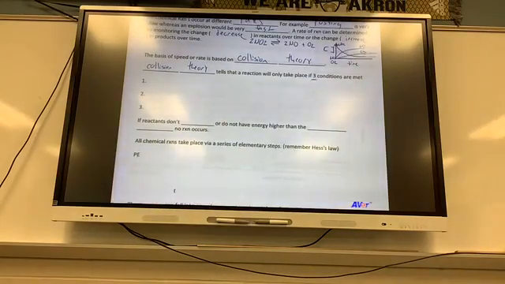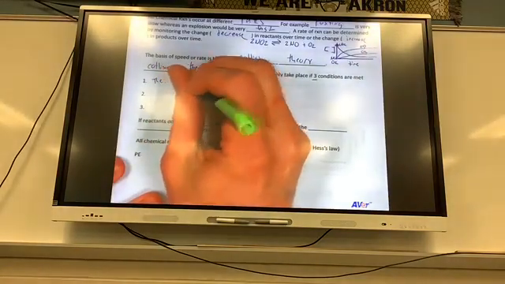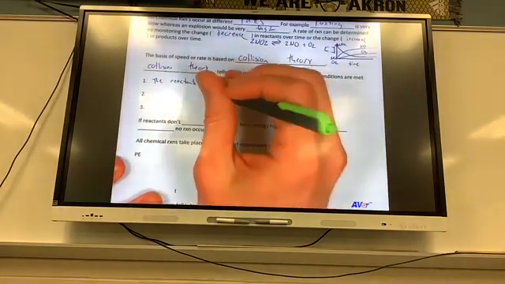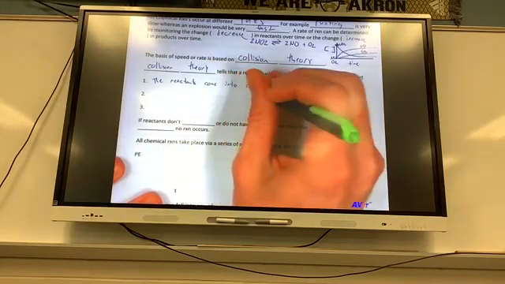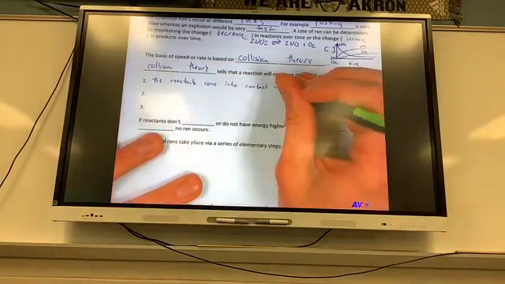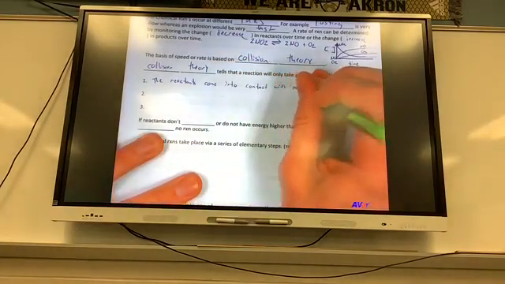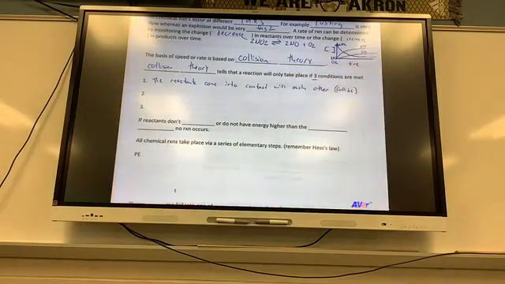They're colliding. You got it. Number 1, the reactants come into contact with each other, aka they collide. So they have to run into each other. That's number one.